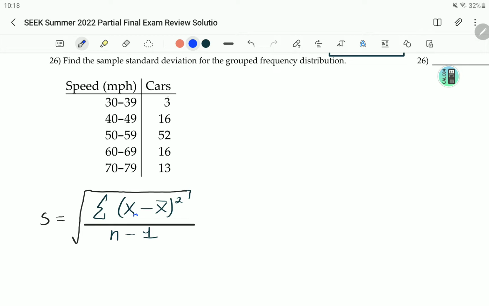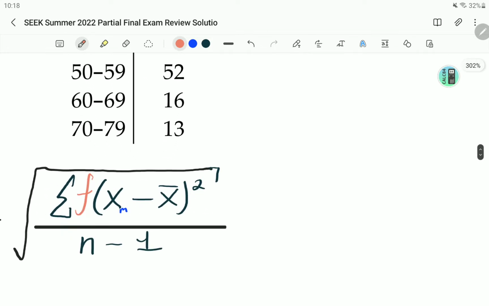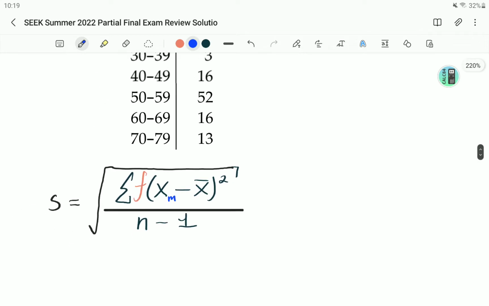Also, each of these classes has a unique frequency, so we must consider the frequency a part of the problem as well. So this right here is the formula that we can use to find the standard deviation for a grouped frequency distribution. And then I'm going to plug it into my TI-84 calculator to show you how to calculate it next.